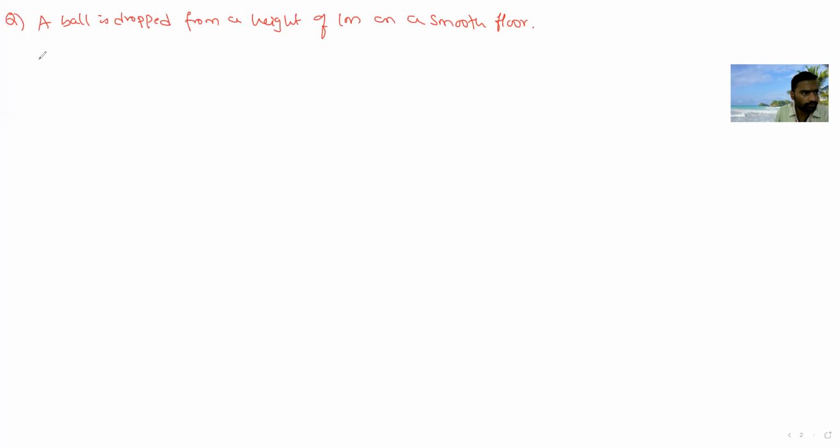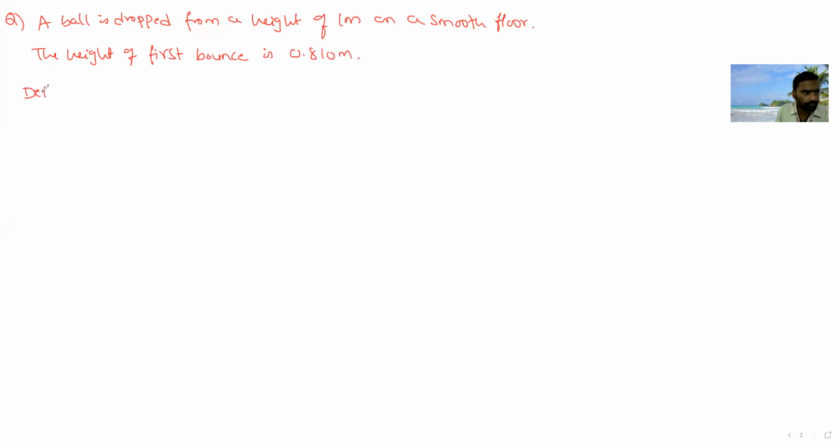The height of the first bounce is 0.810 meter.